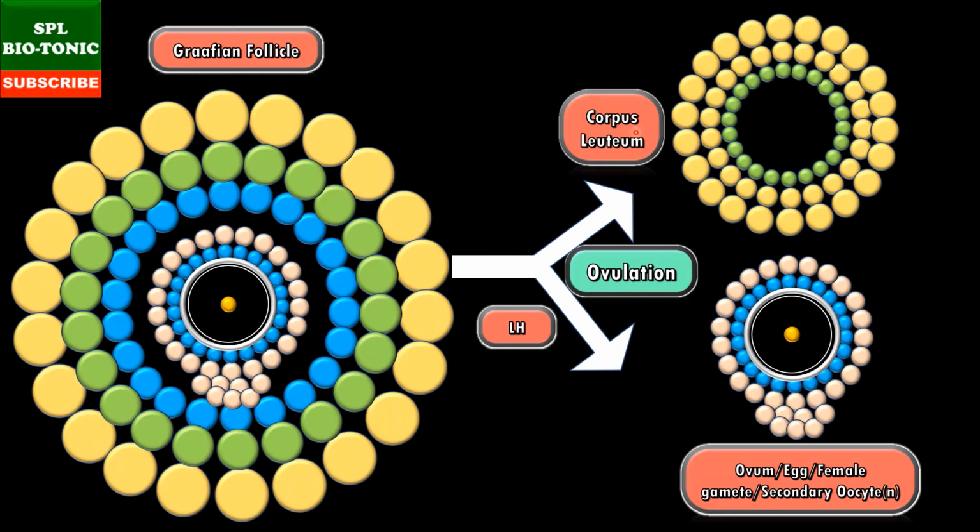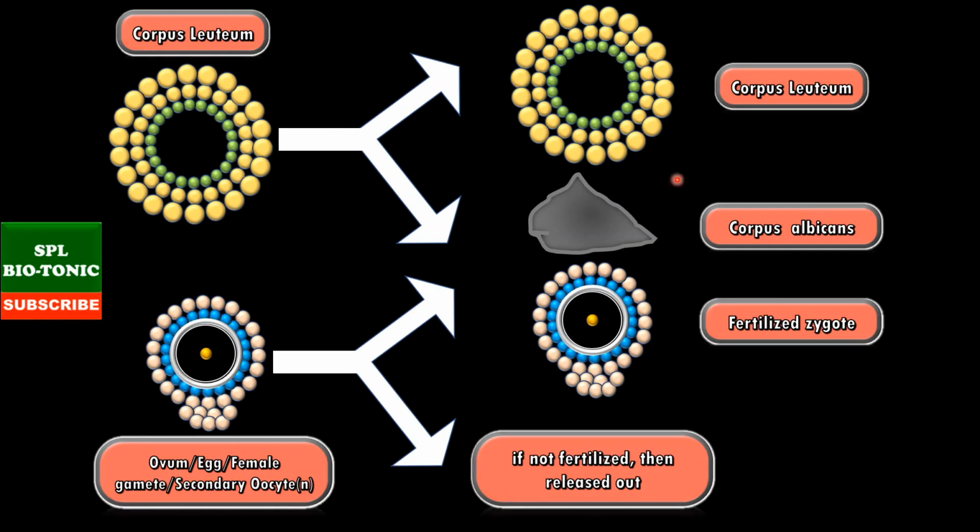Students, if the ovum is fertilized, then it shows embryogenesis. In that case, corpus luteum persists for the entire pregnancy period. If fertilization fails, then corpus luteum gets converted to corpus albicans.